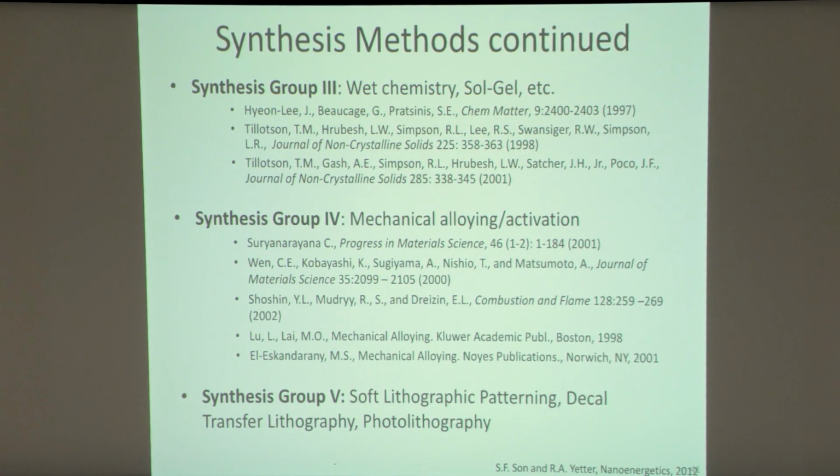Group 4 here is mechanical alloying or activation. All I do there is take a large particle and start to grind it in a ball milling system, where the continued grinding starts tearing off and making small particles. Often you'll do that in solution so that you can control the passivation as these small particles are formed.